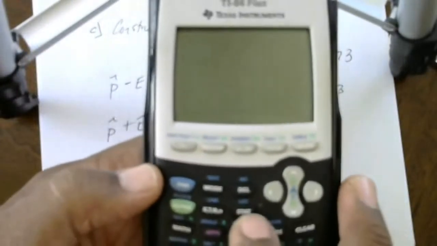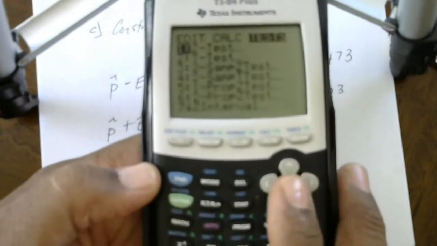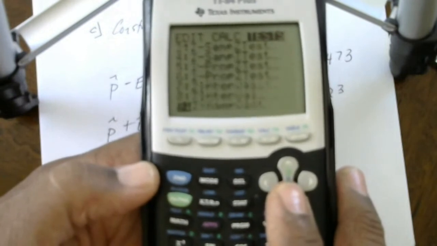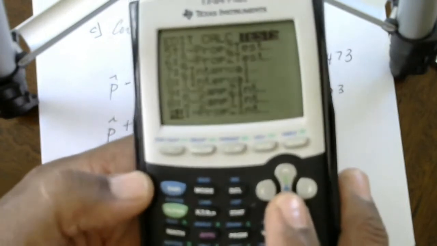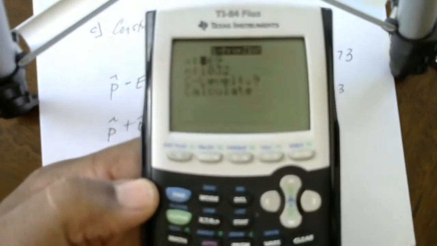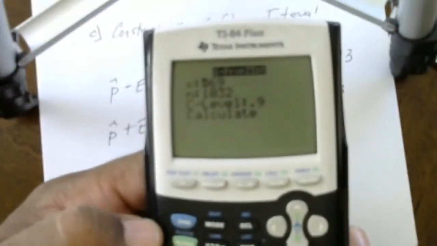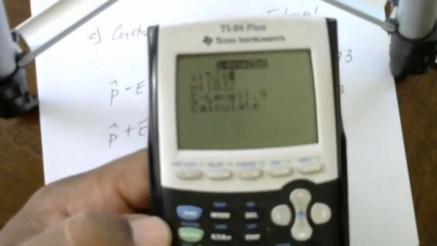So here I have my TI-84. I'm going to go into stats. I'm going to go over to test. I'm going to look for the same one proportion Z interval. I'm going to hit enter. It asks for X, which is 524.